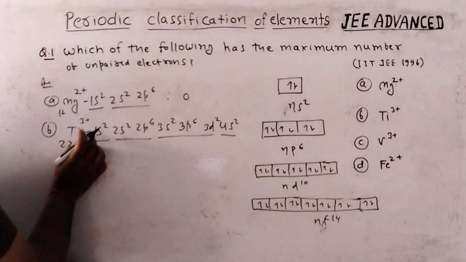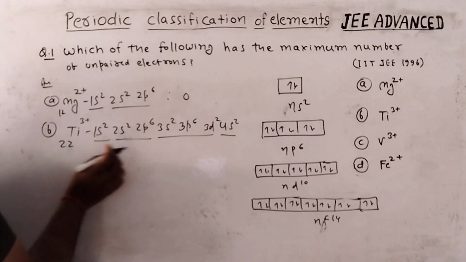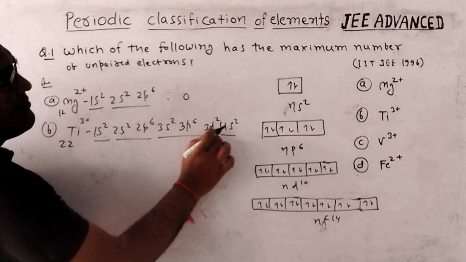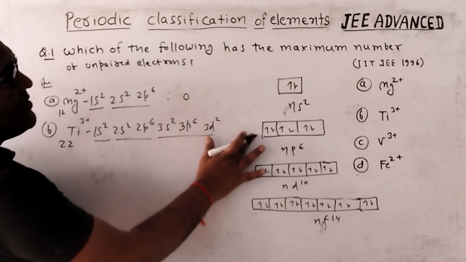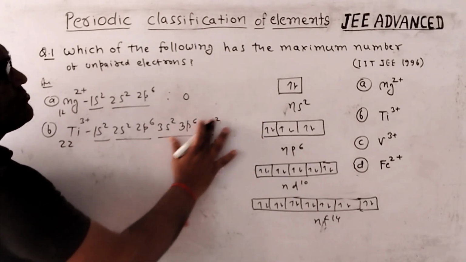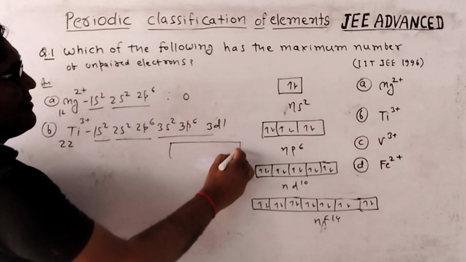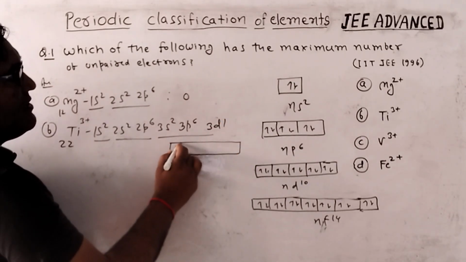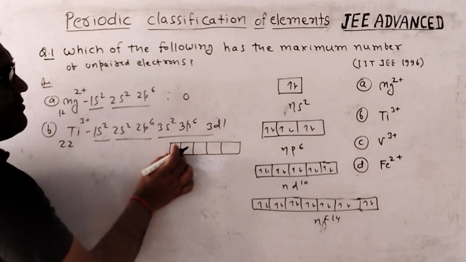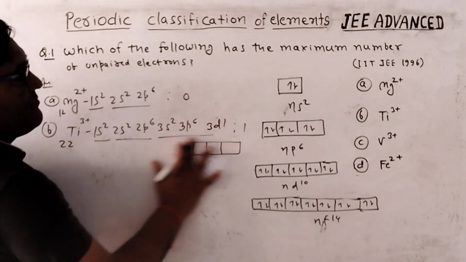So, due to triple positive charge, titanium releases 3 electrons from the last shell. 4s2 becomes 4s0 and 3d2 becomes 3d1. So 3d1 is here, and the box diagram of 3d1 is this. So only one unpaired electron is present, only one.